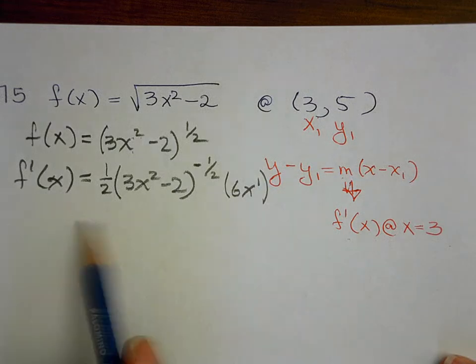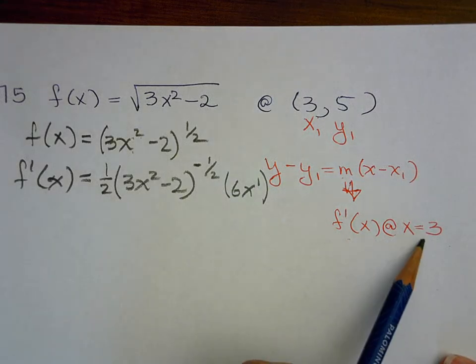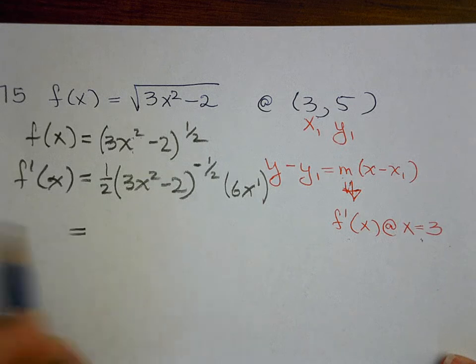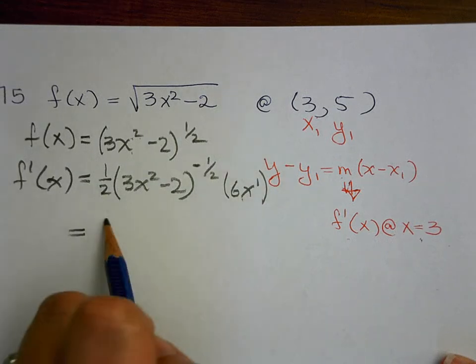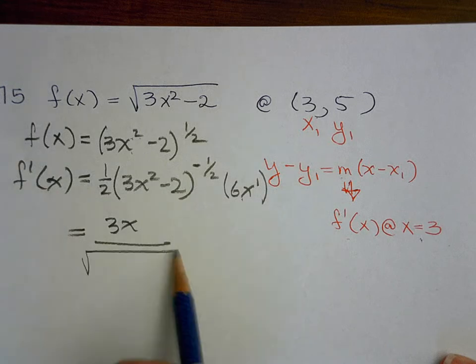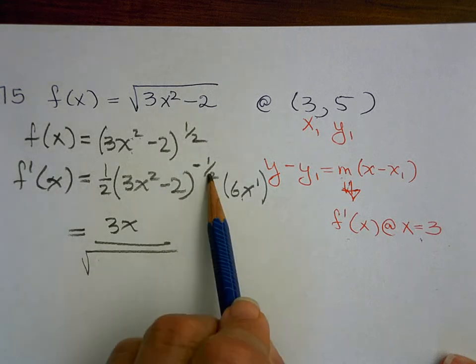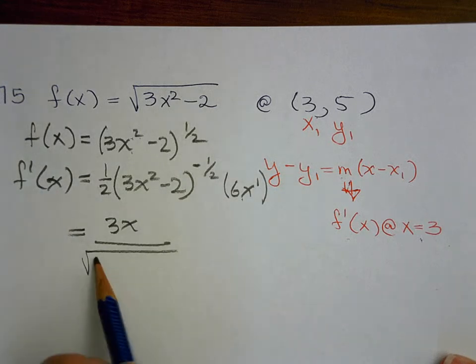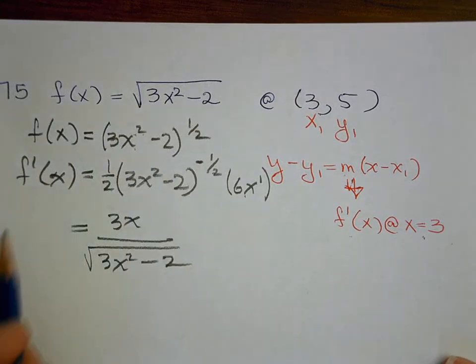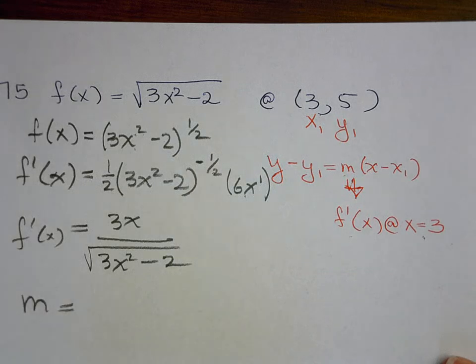Then I'm going to go ahead and rewrite this because I have to evaluate. I'm going to have to do a little bit of simplifying here to make it easier. So 1/2 of 6 is 3. And then bring this to the denominator. And it's a 1/2, so that would make it a radical. Now I'm going to go ahead and find my slope.